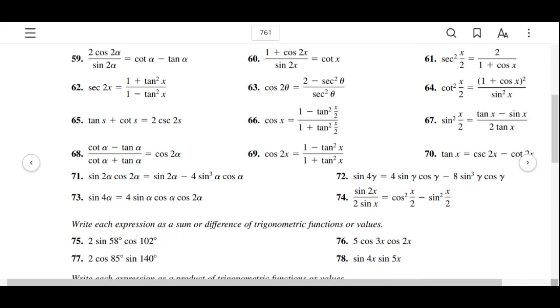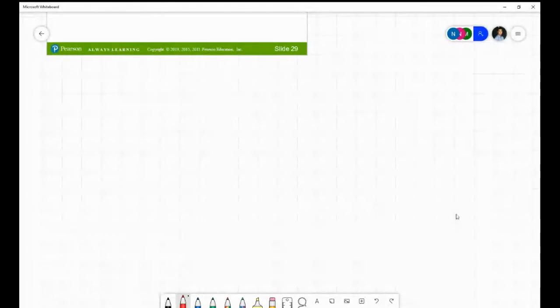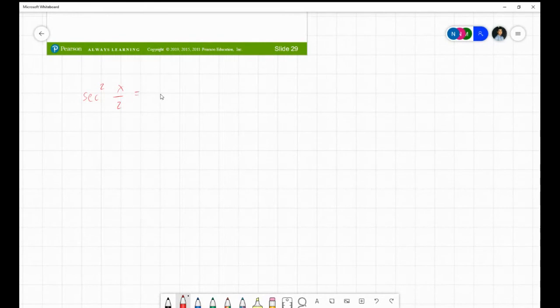Okay, let's go to the whiteboard. Okay, so your problem was secant squared x over 2, and you want to prove that it is equal to 1 plus cosine x.